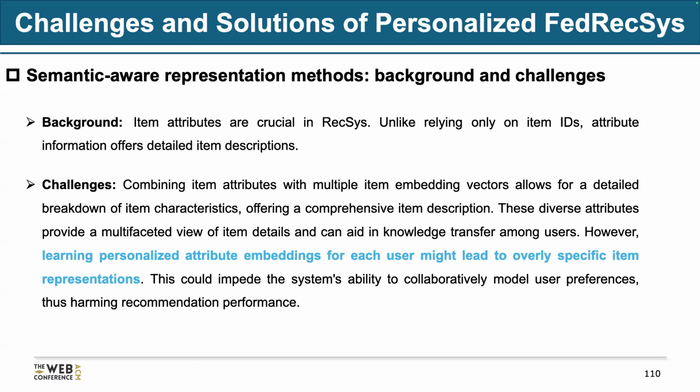However, learning personalized attribute embeddings for each user might lead to overly specific item representations. This could impede the system's ability to collaboratively model user preference, thus harming recommendation performance.